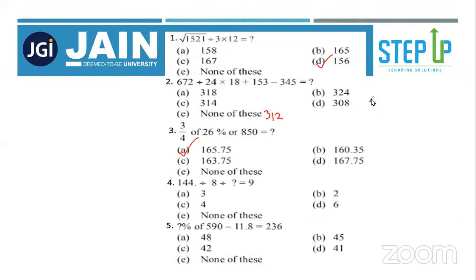So 144 divided by 8 times question mark equals 9. So that means this division sign, 144 divided by 8 divided by question mark, this gets multiplied over here. If there is any number over here, that gets multiplied over here. Okay. So if it is 18, then the answer is just 2.